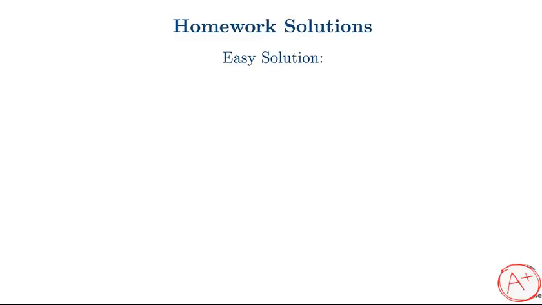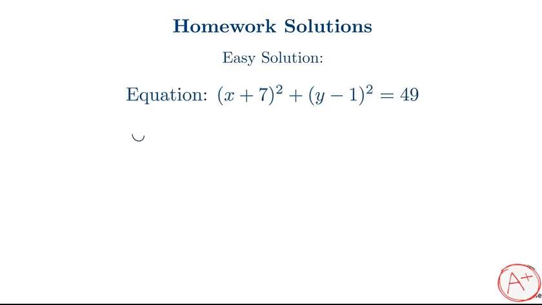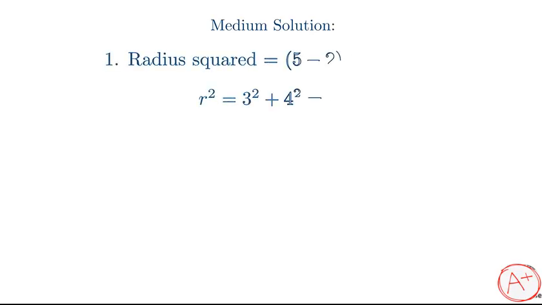For the easy question, we simply extract the values. Remember to flip the signs. Plus 7 becomes negative 7, and negative 1 becomes positive 1. The radius is the square root of 49, which is 7. For the medium question, we first find the radius squared, using the distance formula between the center and the point.